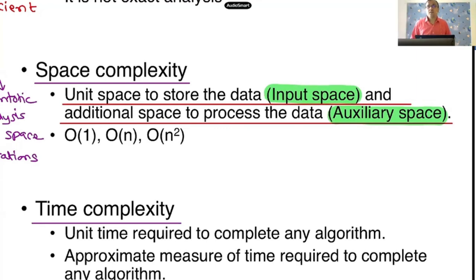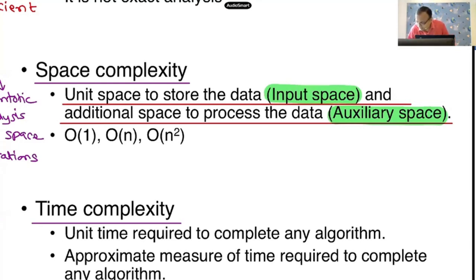But to calculate the factorial, you need some extra variables to hold the result and some extra variable to go through the loop. When you use extra variables, like a loop variable or a result variable, that is auxiliary space. So we have the input space, and the extra variables that we might need during processing, which I call auxiliary space. Together that is space complexity.